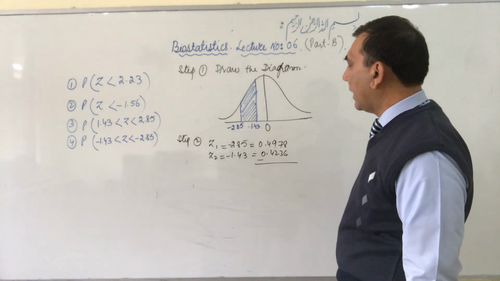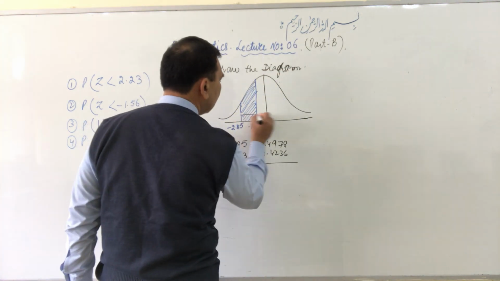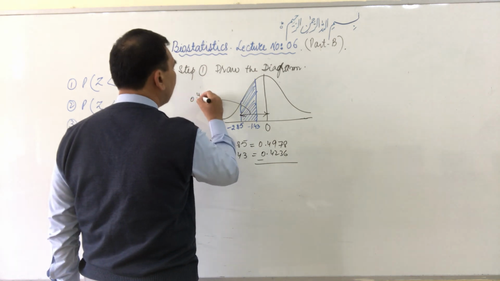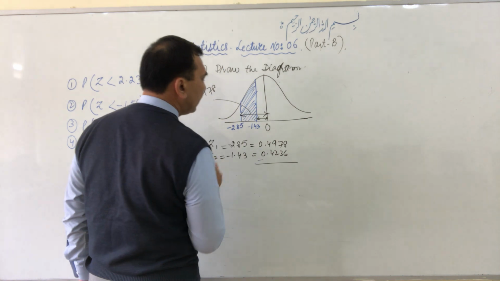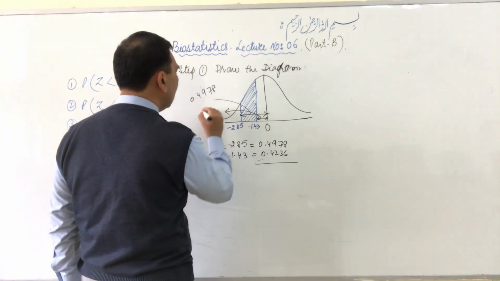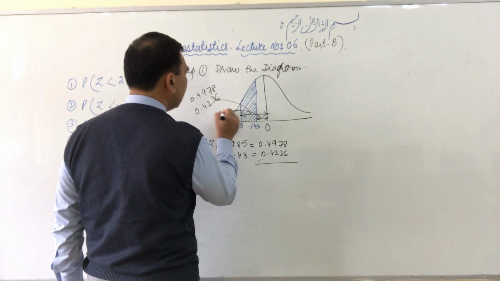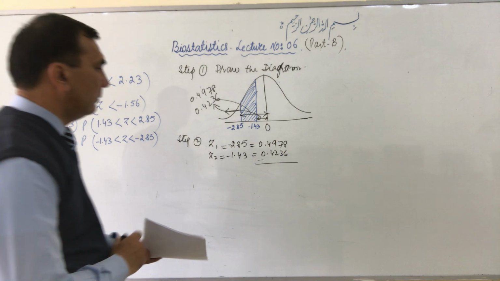So we will subtract 0.4236 from 0.4978 to find this area. This area is 0.4978, and from 0 to 1.43 the value is 0.4236. Now we subtract it.